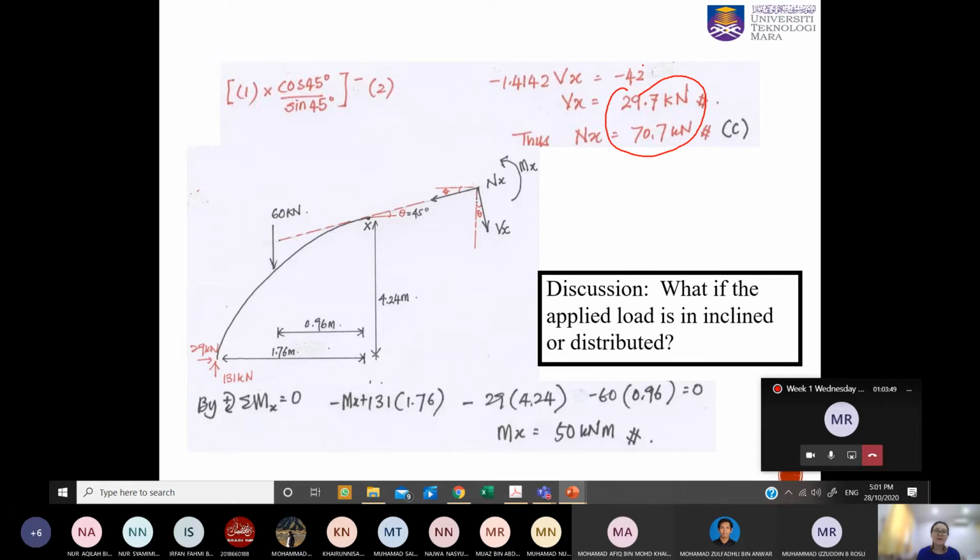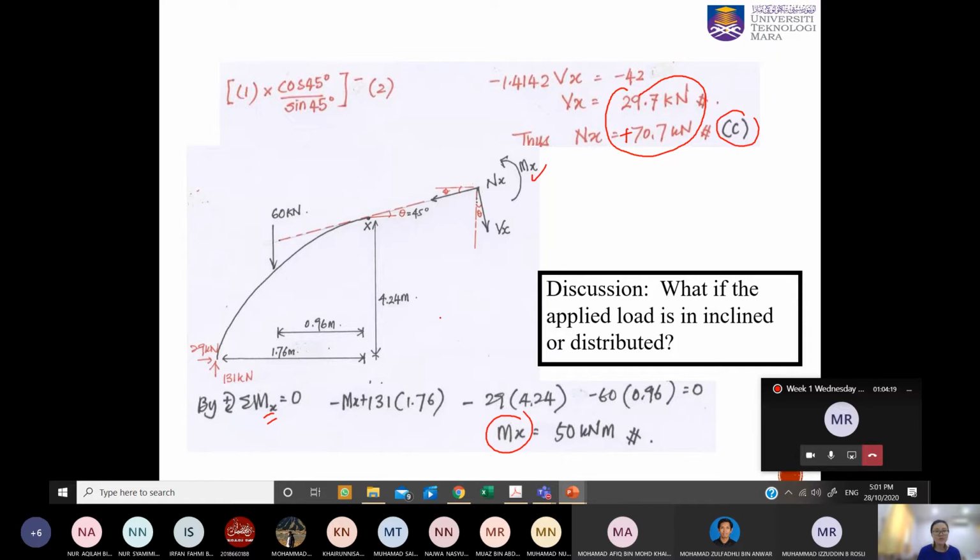For those who have not used the calculator to directly solve it, you may try it later. So Nx, you can see we get a positive value, which also means the compression force is within this arch. Of course, we can determine the Mx as well in the system. Just take the summation Mx equal to 0, and you get the Mx here.